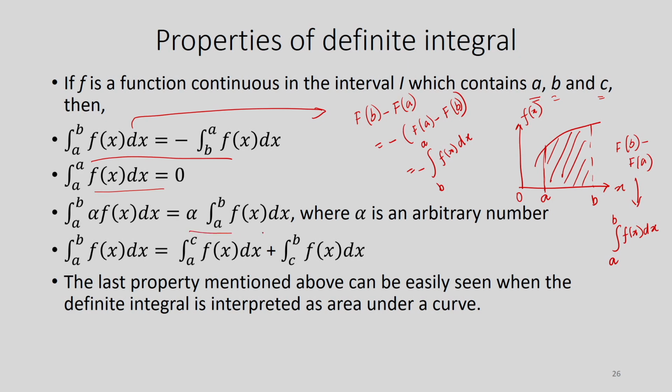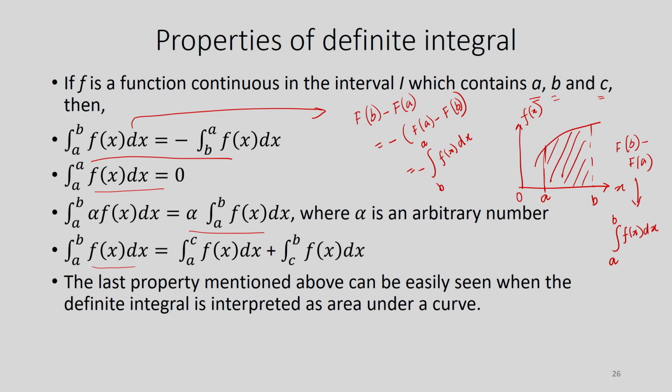Here the same thing is occurring, the difference being that we are talking about definite integrals. The fourth property is integration of a to b f x dx is equal to integration of f x from a to c plus integration of f x from c to b.